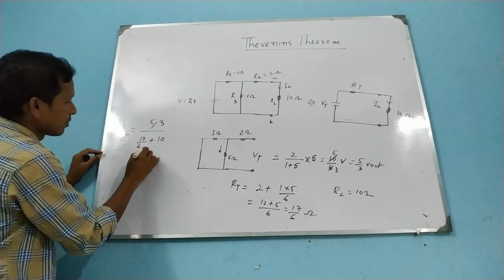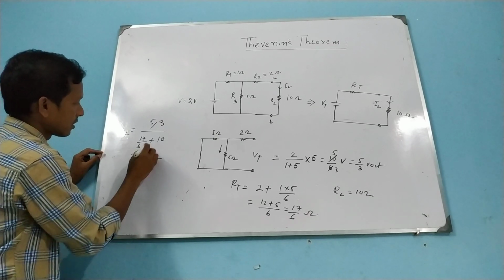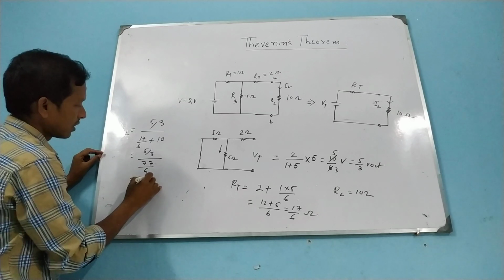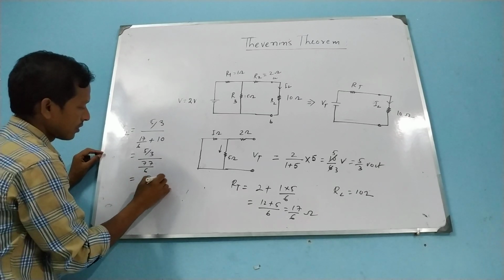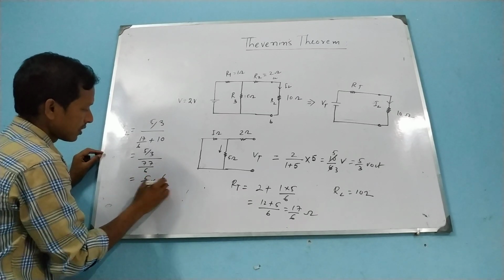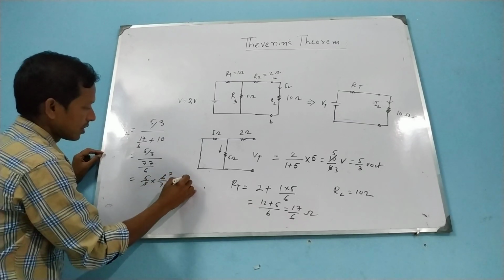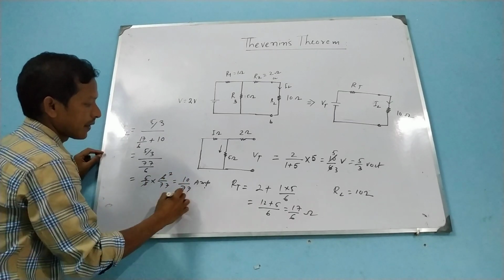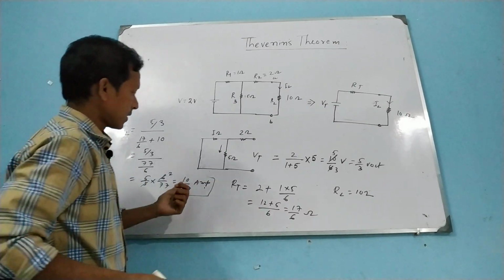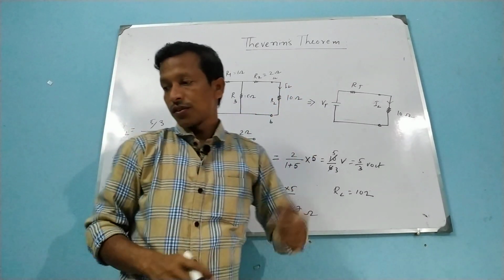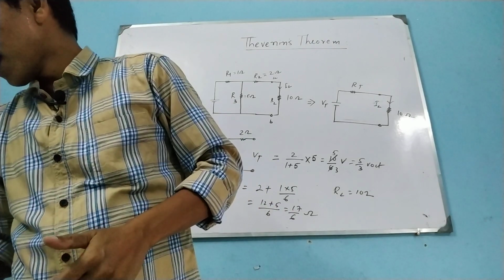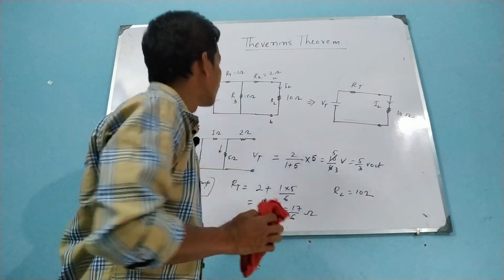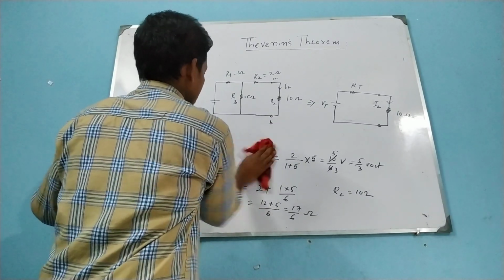So this is equal to 5 by 3 divided by 77 by 6, and this is equal to 5 by 3 into 6 by 77. So this is equal to 10 by 77 ampere. Okay, so this is the current through RL. Okay, this is correct.